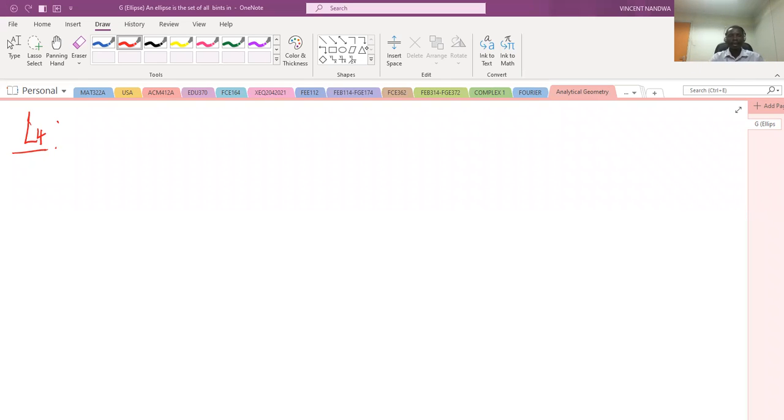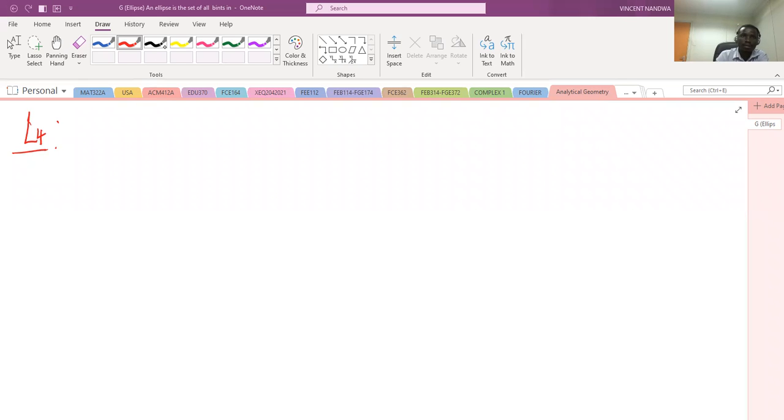Welcome again. As promised in the previous class, we are now going to give an analysis of the geometry of an ellipse whose center is the origin and whose major axis is along the y-axis.